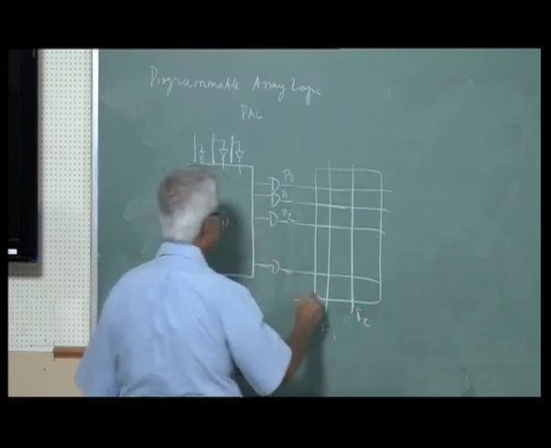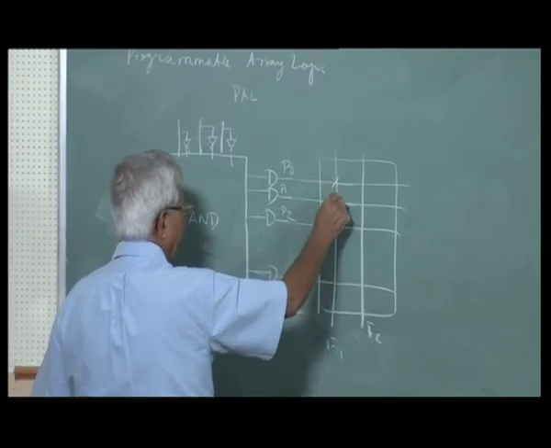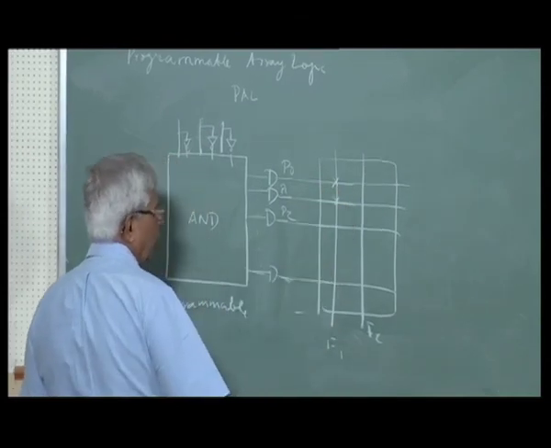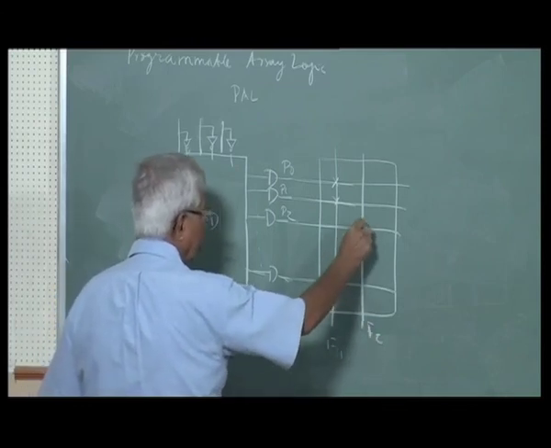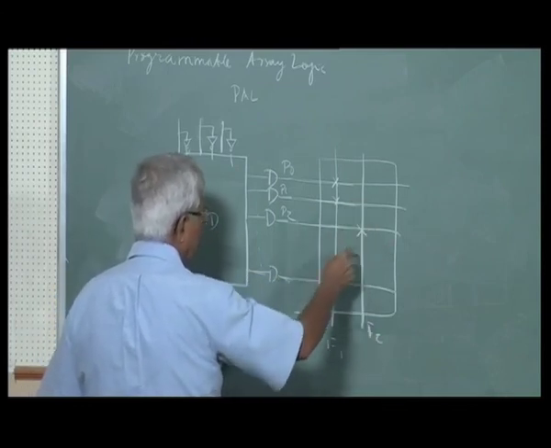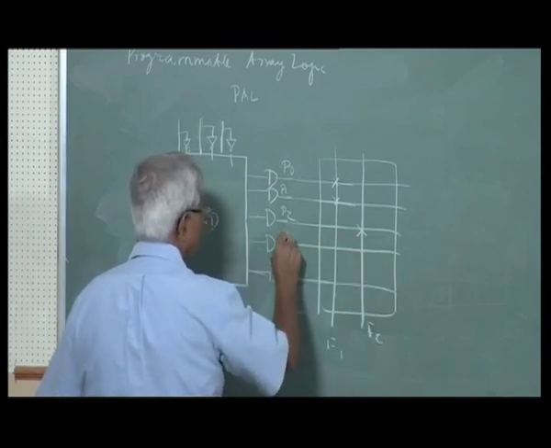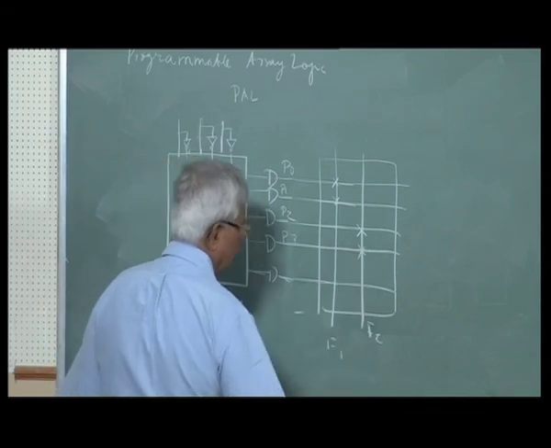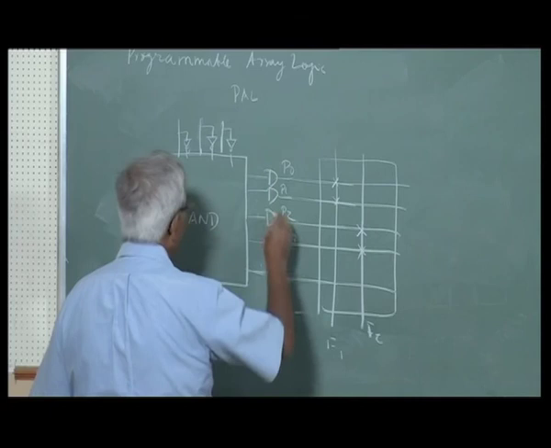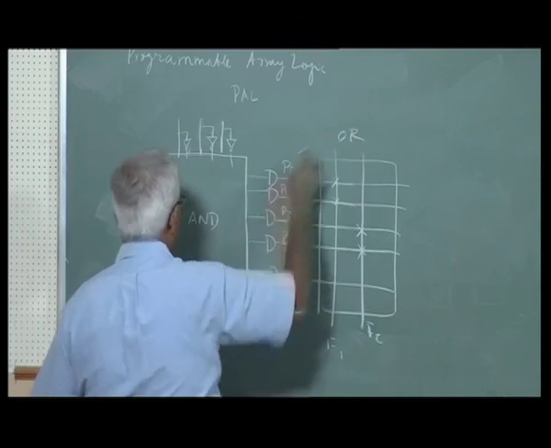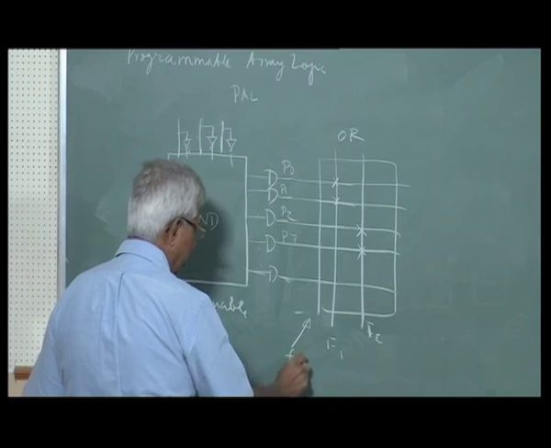The PAL will say F1 can only take P0 and P1, or F2 can only take P2, whatever. So in this case the OR is fixed and the AND is programmable.